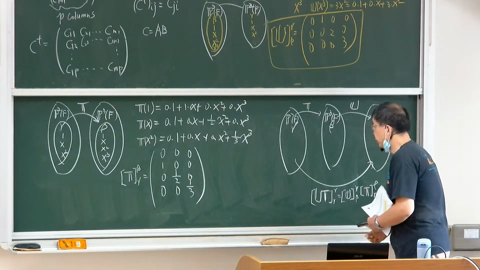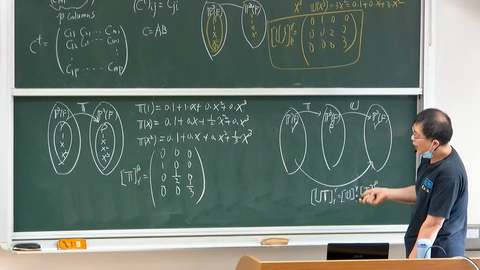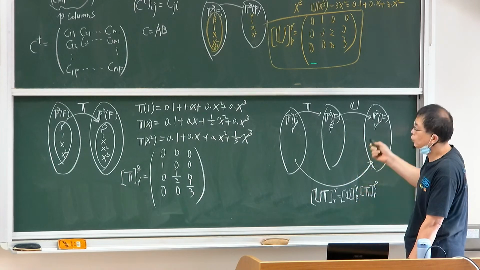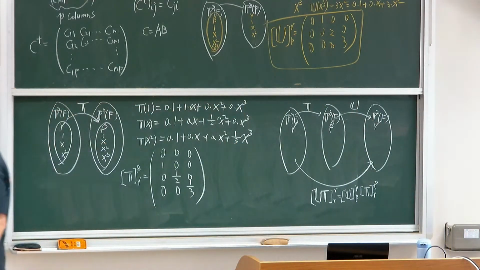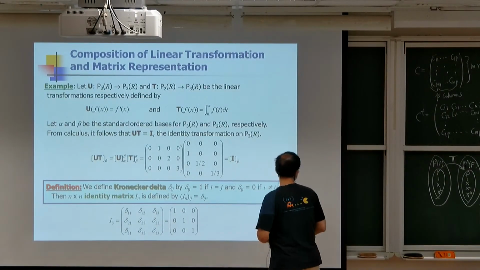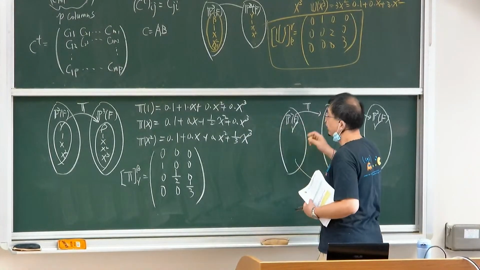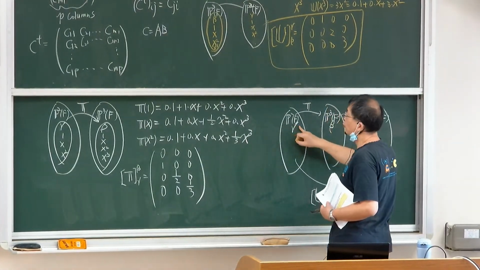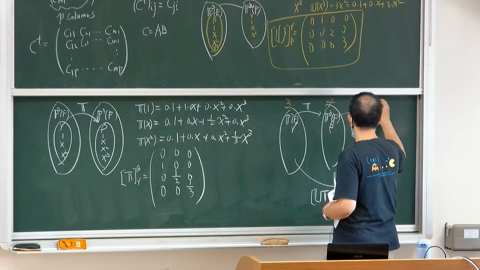And then we take the matrix product of these two matrices, and we can get the identity matrix here. A degree 2 polynomial space has dimension 3, this has dimension 4, and this has dimension 3.